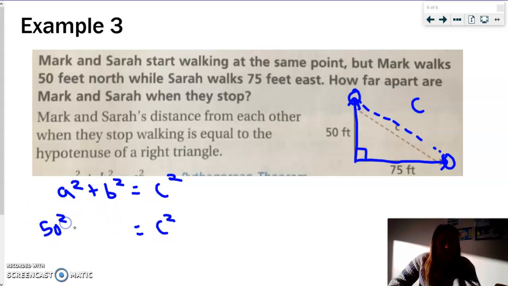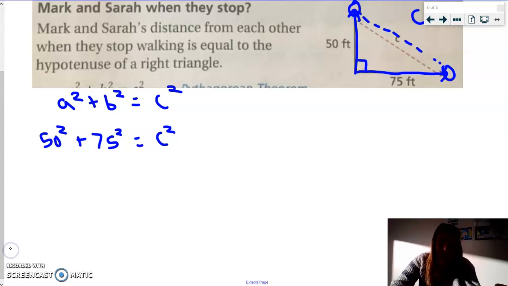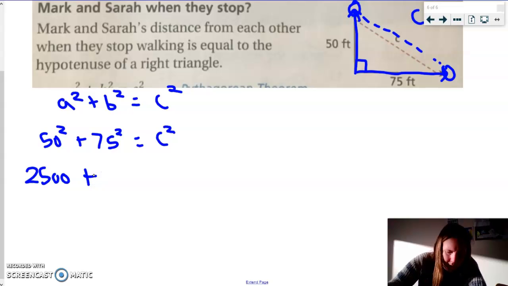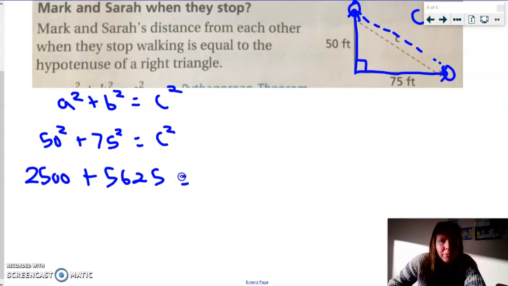50 squared plus, and then the other one was 75 squared. Now these are really big numbers, and I'm going to tell you I don't know those ones off my head, so I'm going to do 50 times 50, which is 2,500, plus then what's 75 times 75? 5,625 equals c squared.